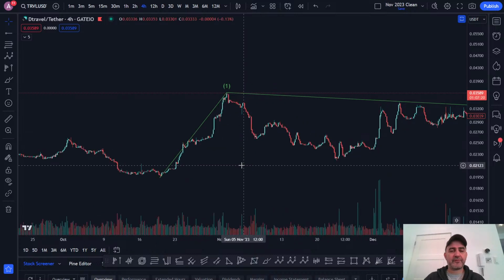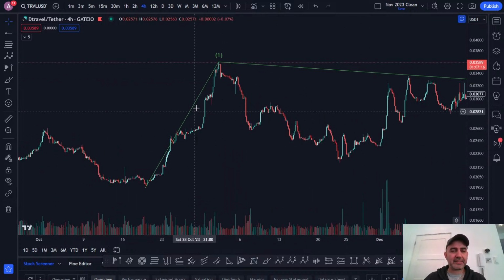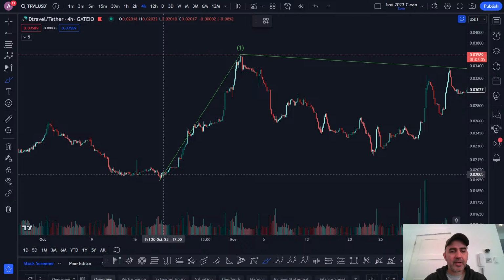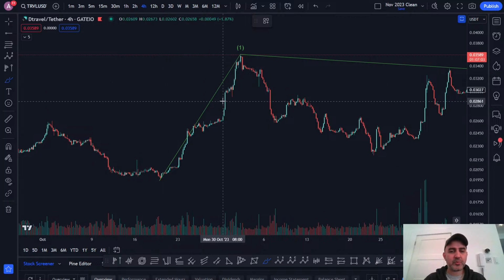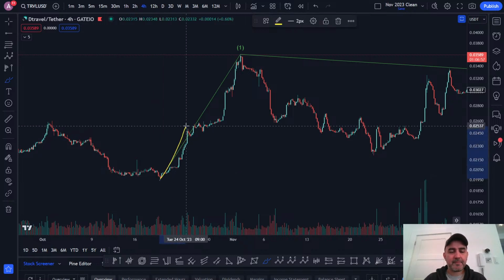This was impulsive. If you look at the way the price went, I would have preferred more volume, but whatever. You just take it as it comes. This is quite impulsive. Are there 5 waves in this one? Yeah, potentially. Look, 1, 2, 3, 4, 5.